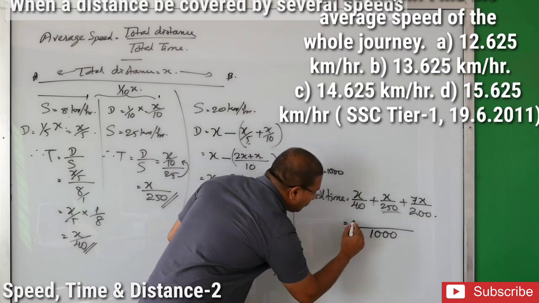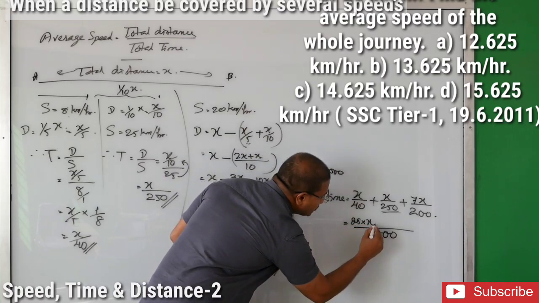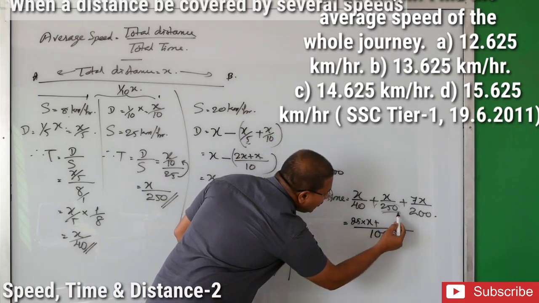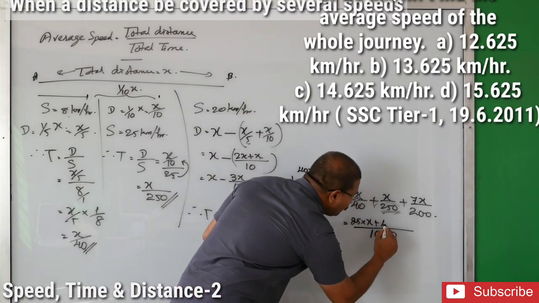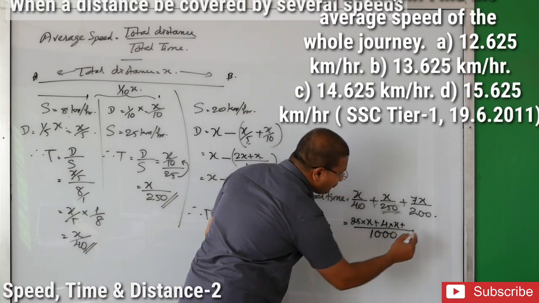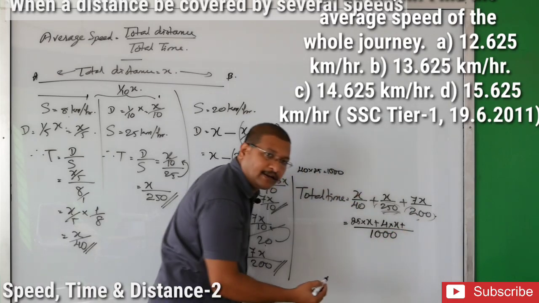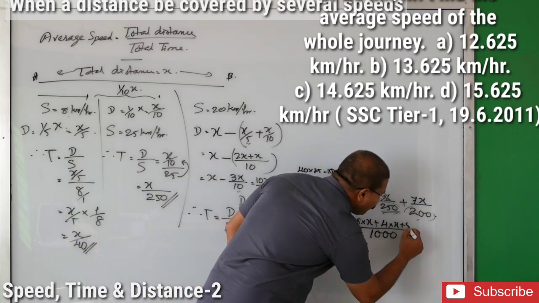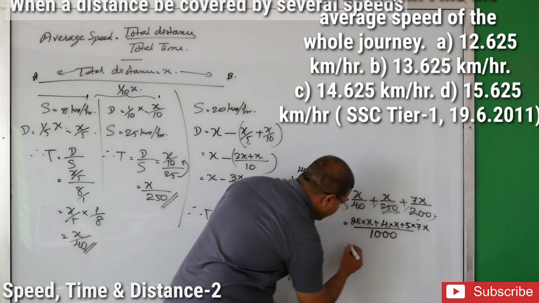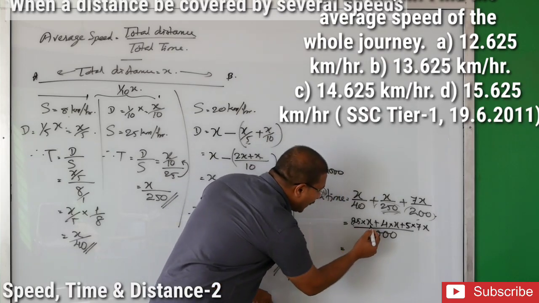So you will multiply here 25 into x plus. Now 250 into how much you will get 1000? 250 into 4. That means 4 into x plus. Now 200 into how much you will get 1000? 5. 200 into 5 is 1000. That means 5 into 7x equals 25 into x.